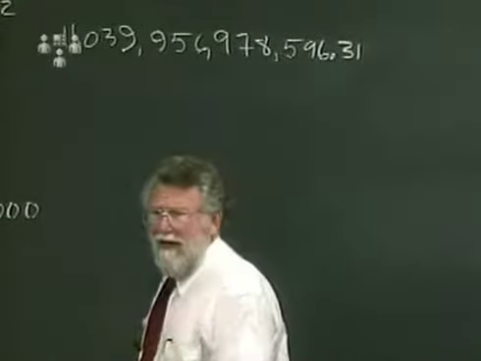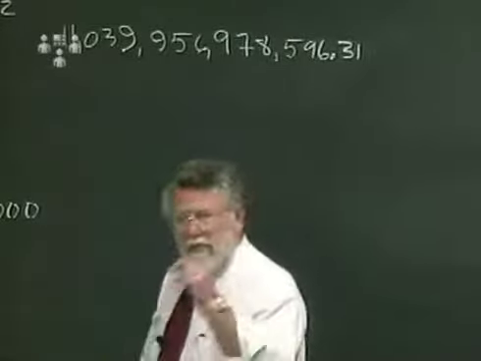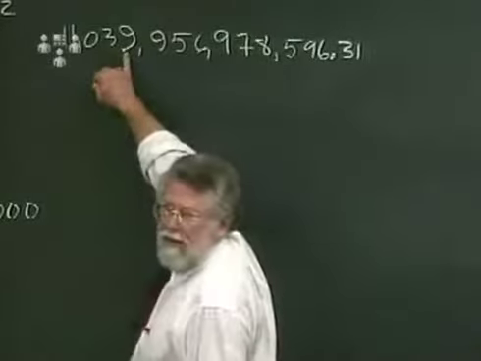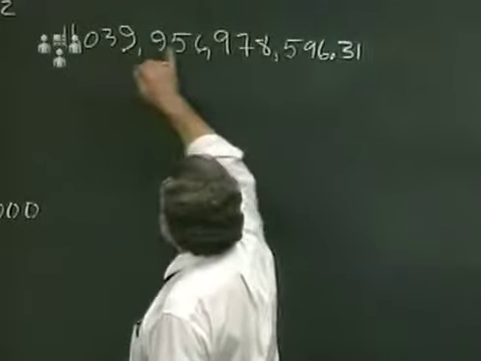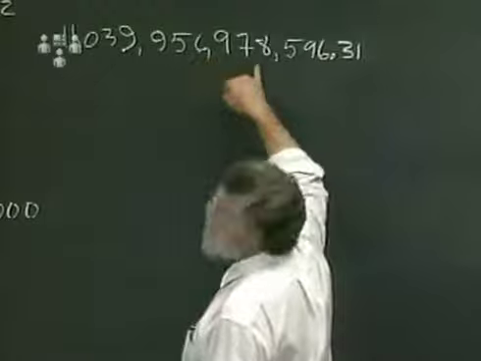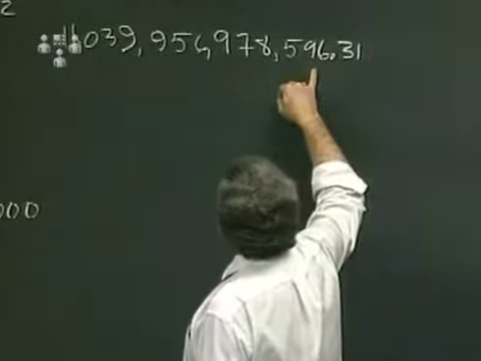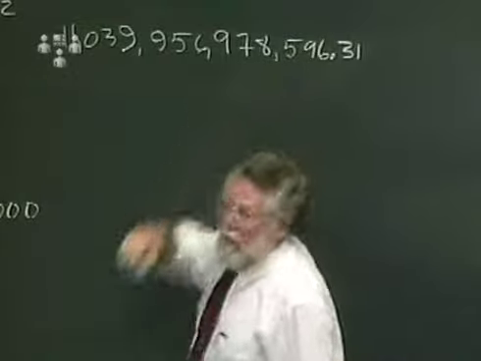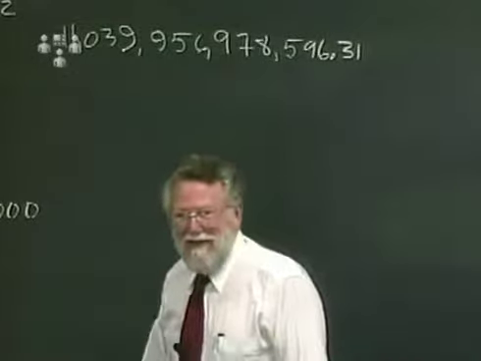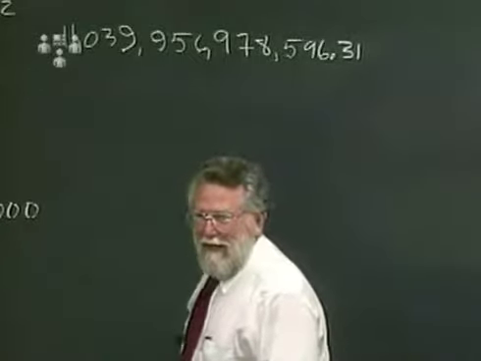Okay, but how would you say it in a verbal form? 11 trillion, 39 billion, 956 million, 978,196 and 31 cents. Depressing. Okay?